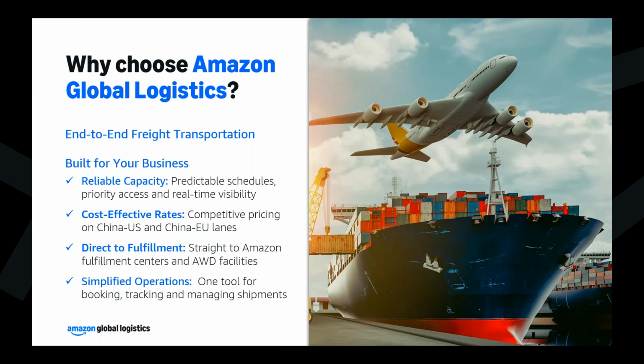And it is really built for business growth. So if you need support with your logistics and you're interested in scaling your Amazon business, Amazon Global Logistics is a great solution for you to really get reliable capacity, having predictable schedules with us, priority access and real-time visibility.